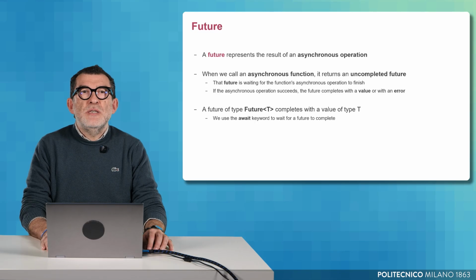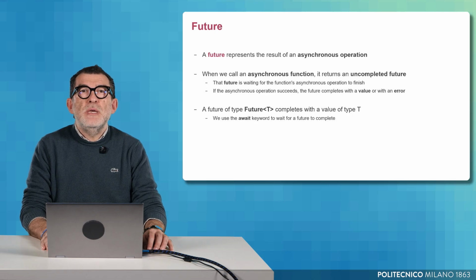An asynchronous function returns a future. A future represents the result of a computation that has not completed yet. When an asynchronous function starts executing, it immediately returns an uncompleted future. That future remains pending while the asynchronous computation continues running.